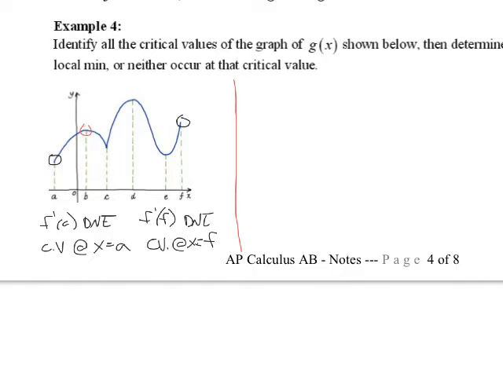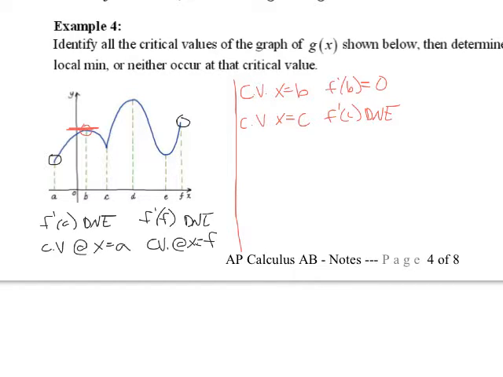So let's set those off to the side, but let's take a look at the other ones. We're going to have a critical value at x equals b, because f prime of b is 0; we can see that the slope at that point is 0. We're going to have a critical value at c, because f prime of c does not exist.